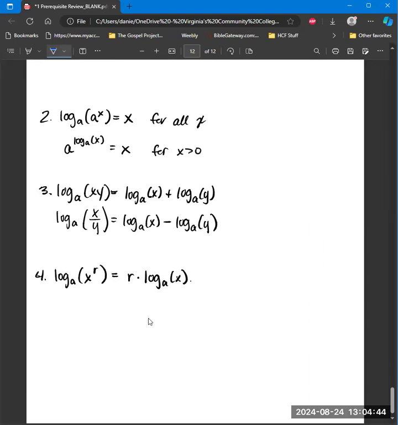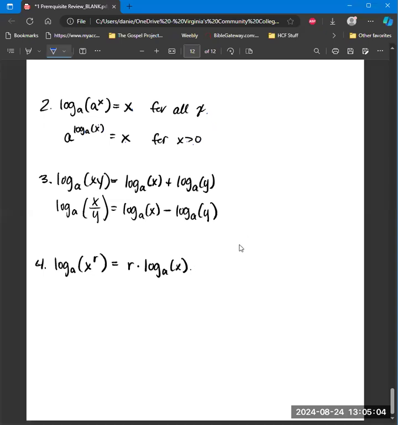If the bases match each other, they're inverse functions and will undo one another for all values of x. Same thing here. These are inverse functions and will undo one another, but I have to obey the domain of that inner function, so x has to be greater than 0 here.